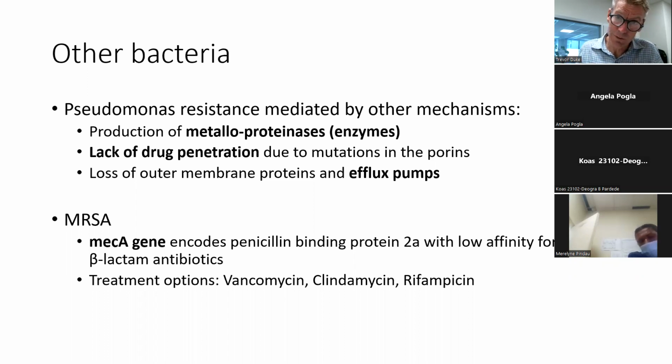And for those bacteria, our antibiotic options are rather limited. Vancomycin or clindamycin or rifampicin will often work against MRSA. So I think the main message is that there are several mechanisms of genes that produce antibiotic resistance, and to know the common ones like ESBL and perhaps the metalloproteinases for Pseudomonas and the MEK-A gene that codes resistance for MRSA.